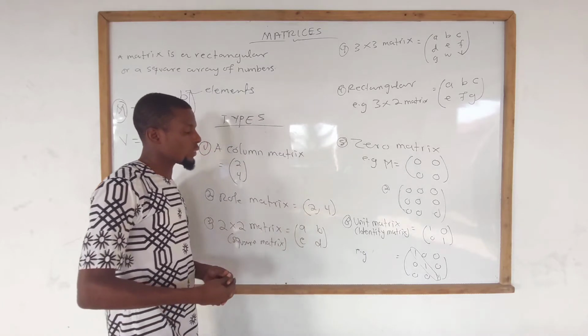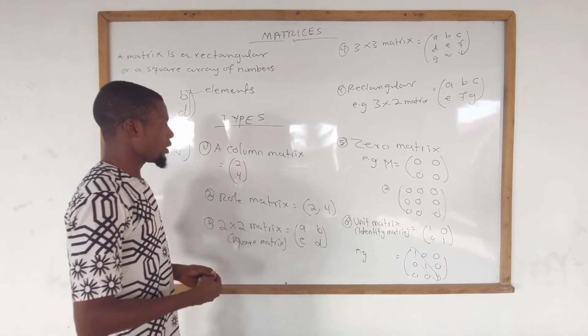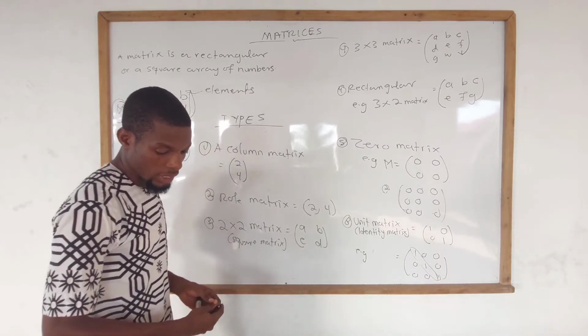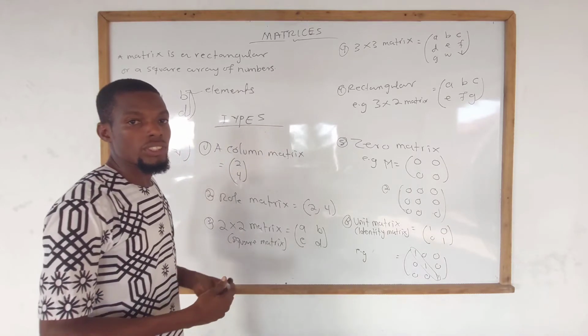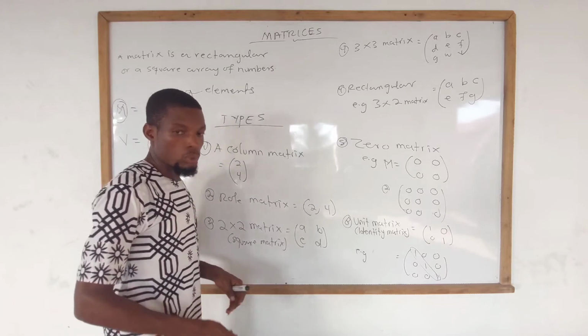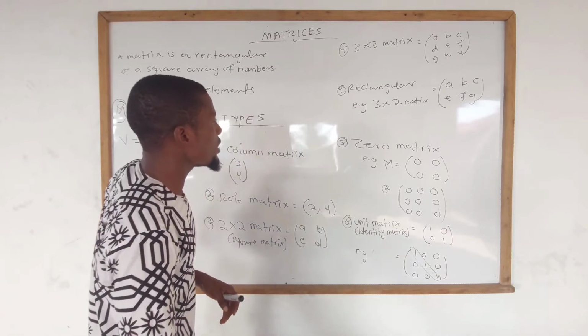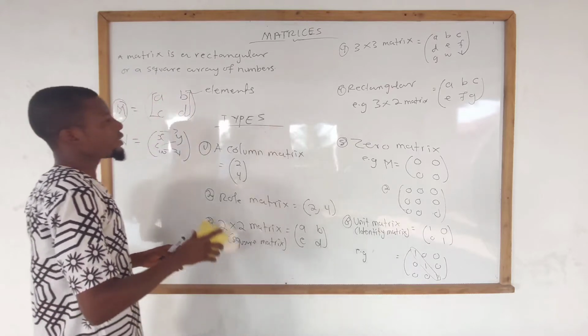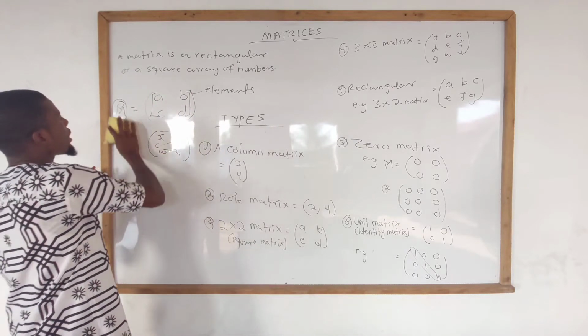All right. So now let's look at how we add two or more matrices. When we have two or more matrices, how do we add them? So let's now look at addition and subtraction of matrices. Let me clean this side of the board.